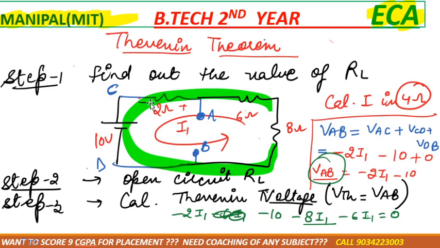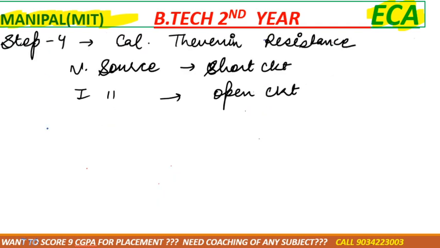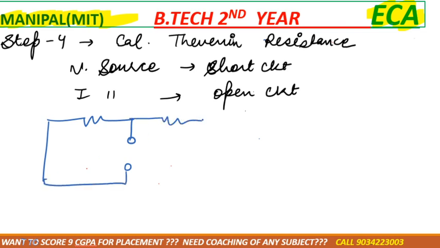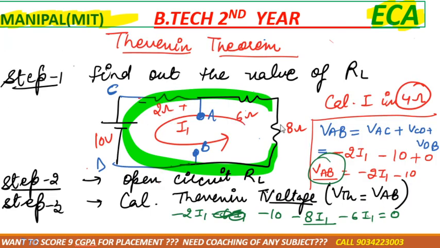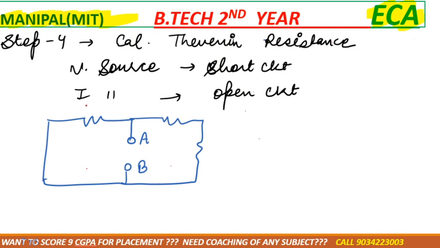In this case we don't have any current source, we have only the voltage source, that is, the voltage source is this one. A, B, this is 2 ohm, 6 ohm and 8 ohm.